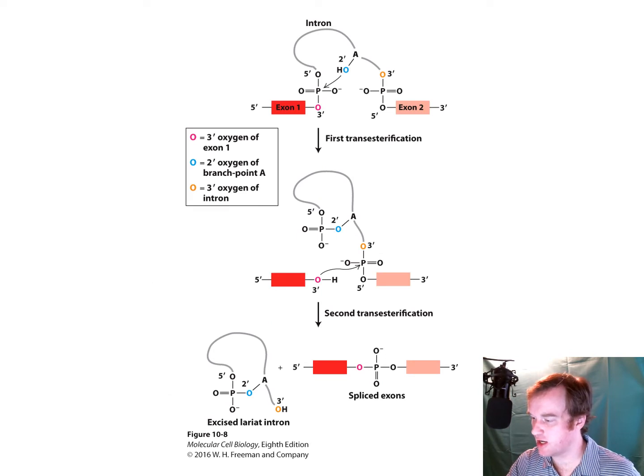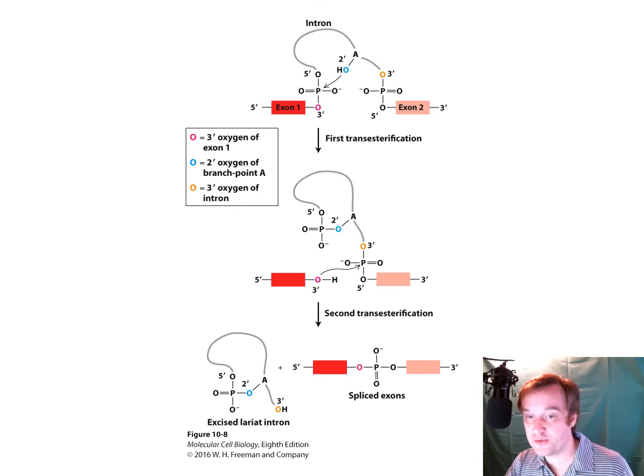Okay, let's talk about how this process of RNA splicing occurs. There are two transesterification reactions that result in the splicing of exons in this pre-mRNA.